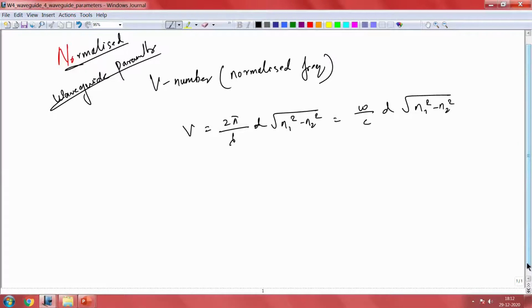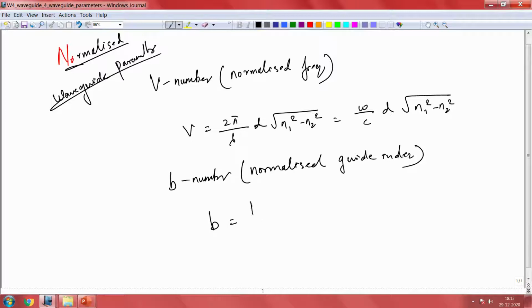And the next thing is the propagation constant. We know the propagation constant, and we have a normalized guide index using this propagation constant. It is called the normalized guide index, the B number, and that is given by beta square minus k2 square divided by k1 square minus k2 square.